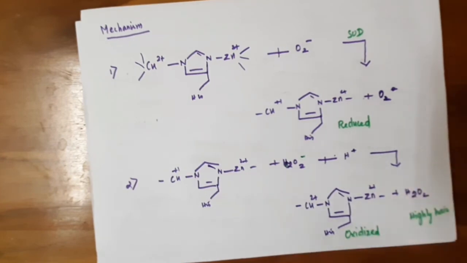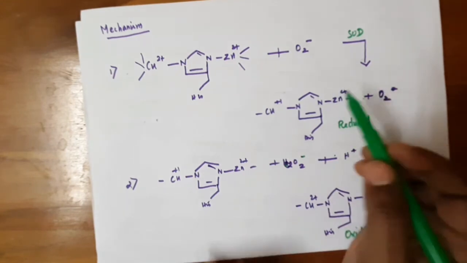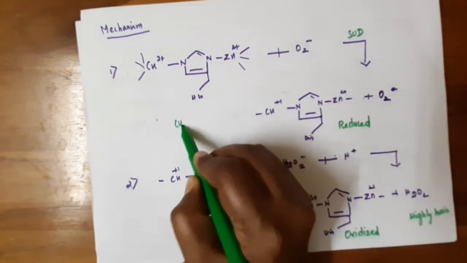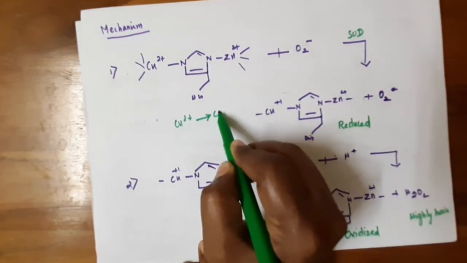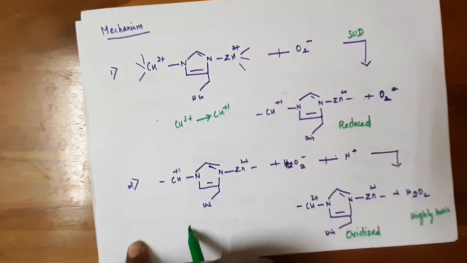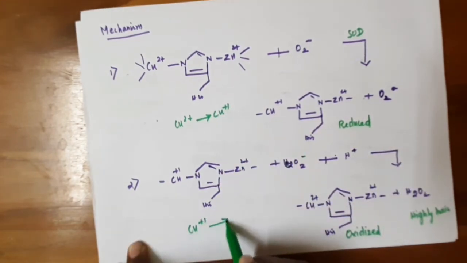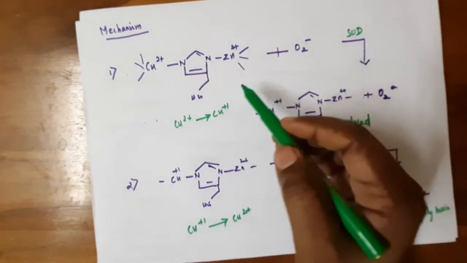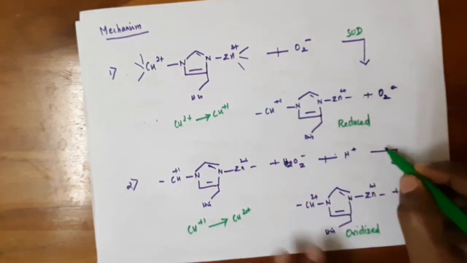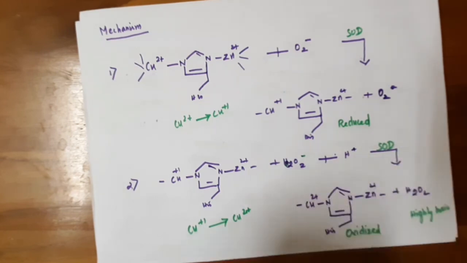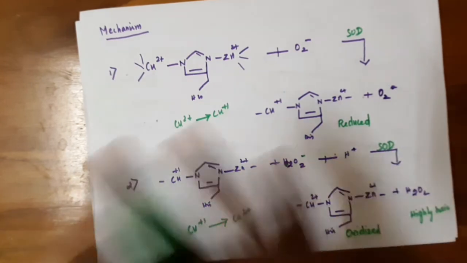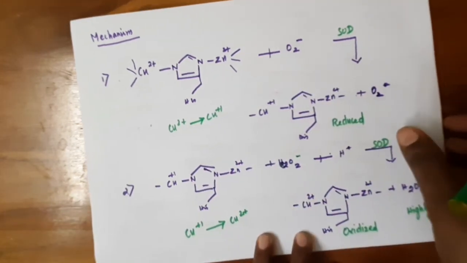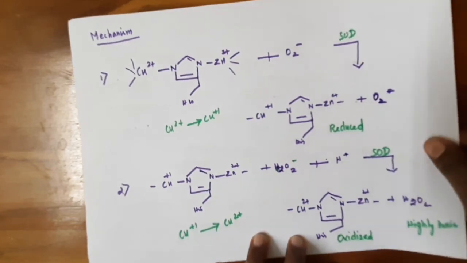Okay, so this is the mechanism of superoxide dismutase. Here the copper 2 plus gets reduced to copper plus 1, and the copper plus 1 gets oxidized to copper 2 plus. So SOD acts as a reducing agent in one step and as an oxidizing agent in the other. This is the overall mechanism of superoxide dismutase.